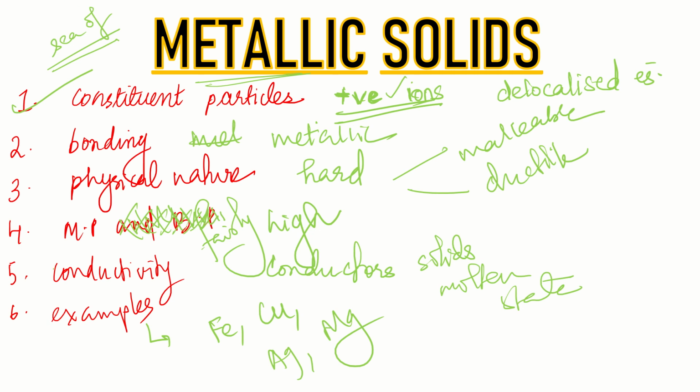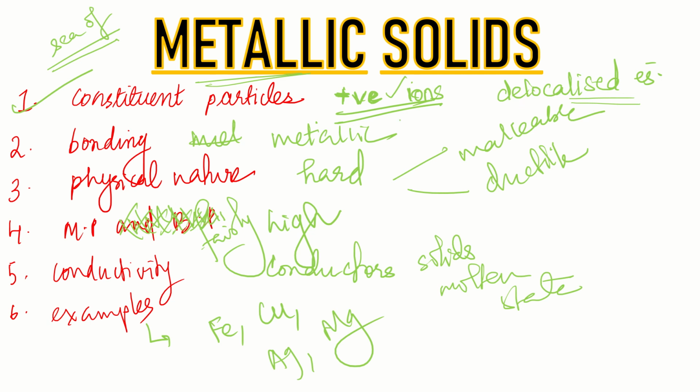So see, we answered all the 6 questions, and that's all. This is enough. Just put all these points together and you can write it in sentences, and that is enough. So the constituent particles are positive ions in a sea of delocalized electrons. We should say the words in a sea of, because that indicates that delocalized electrons are plenty, many are there.